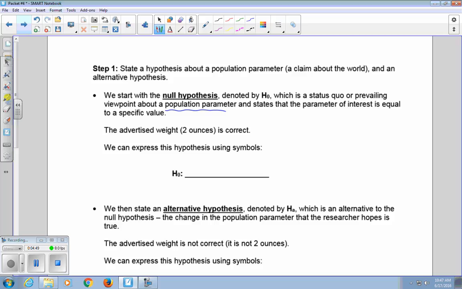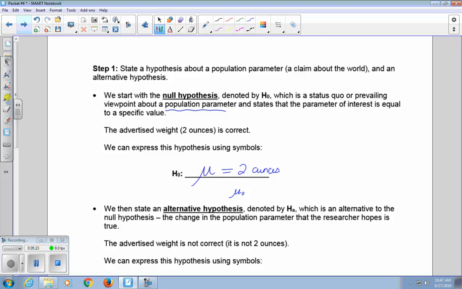So in words, the advertised weight of 2 ounces is correct. Using symbols, that's saying that mu, the population parameter, is equal to 2 ounces. Our book talks about what mu is equal to under the null hypothesis, sometimes called mu naught.